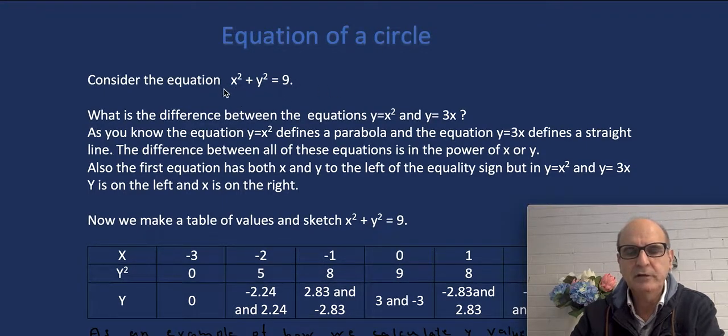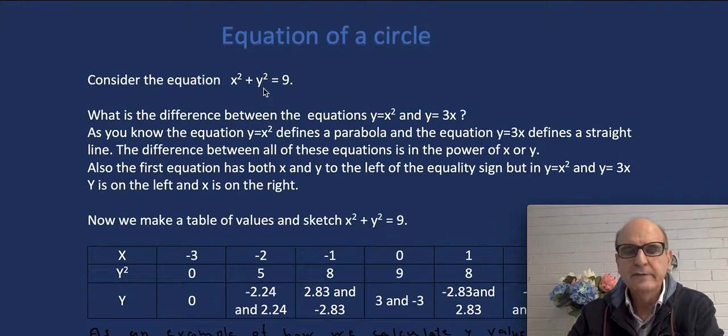Here, y is not on the left-hand side on its own, but you have x squared and y squared added together to become a number, in this case 9. And the other difference between this and this, here you have y squared, but in both of these you have only y itself. It's not y squared.